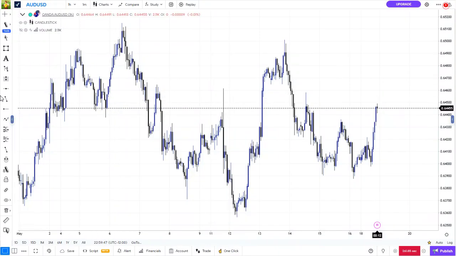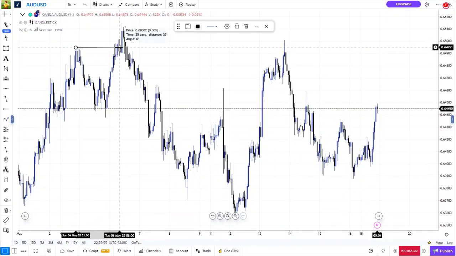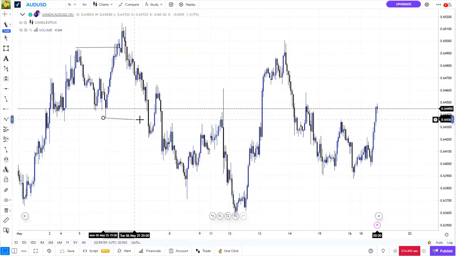First of all, I marked out my structure levels. I know this is a structure point right here. Basically, when you check AUD overall, we see that we are trending to the upside, meaning we have more buyers.